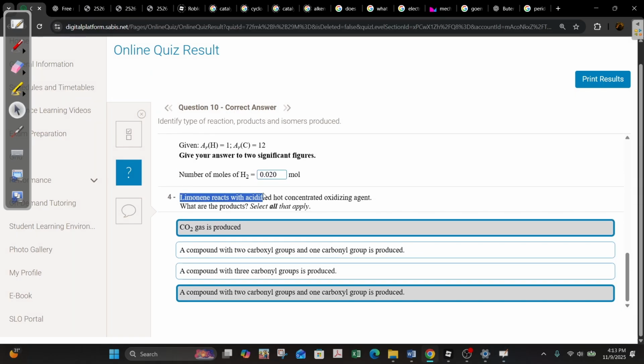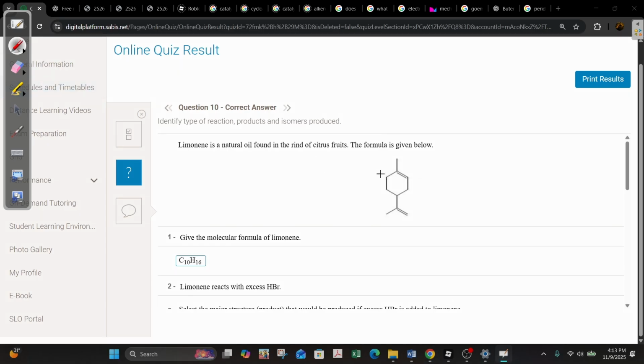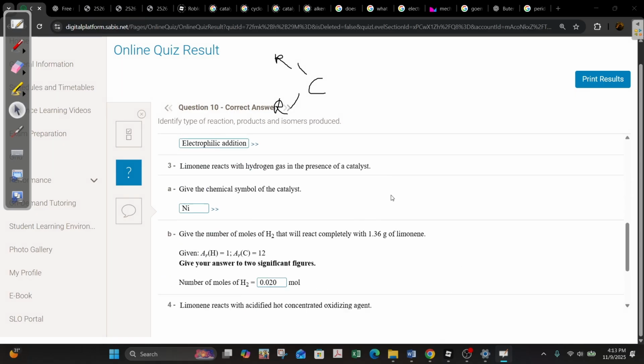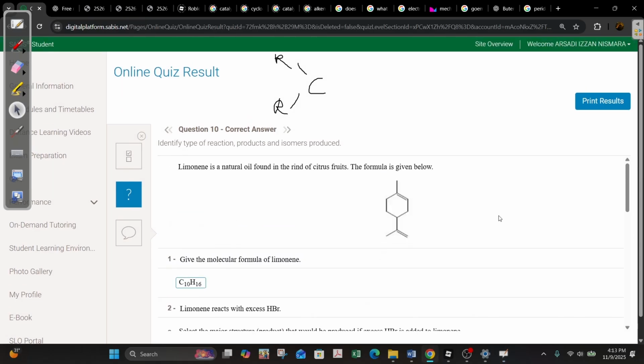Limonene reacts with acidified hot concentrated oxidizing agent. Okay, so limonene, let's focus on the top group first. So we have an R group here. Did they say hot acidified KMnO4? Oxidizing, yeah, same thing. An oxidizing agent, it's the same. So we have CRR double bond to CHR.